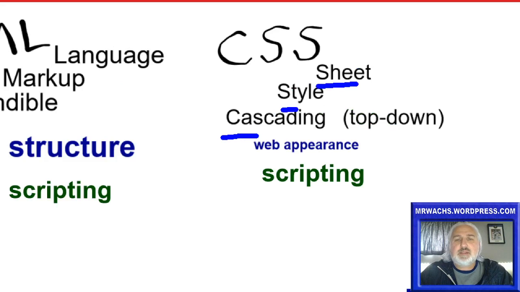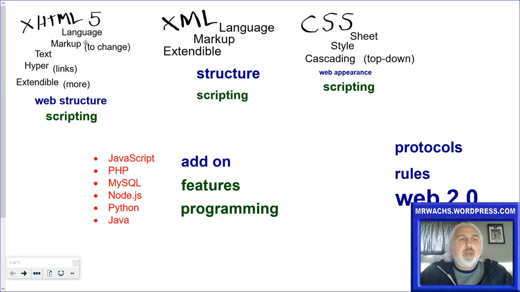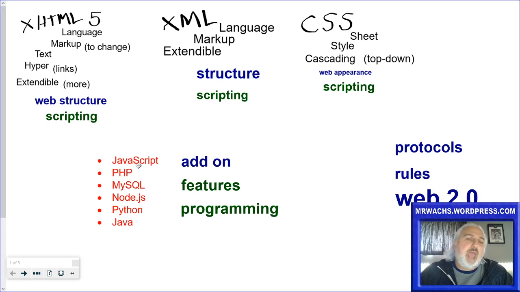We'll kind of look at why it's called that. How HTML was about the structure of a website and CSS was about the appearance. And then these other little add-on things, JavaScript, PHP, all those things that add on to the web and bring it more into the realm of a programming language.